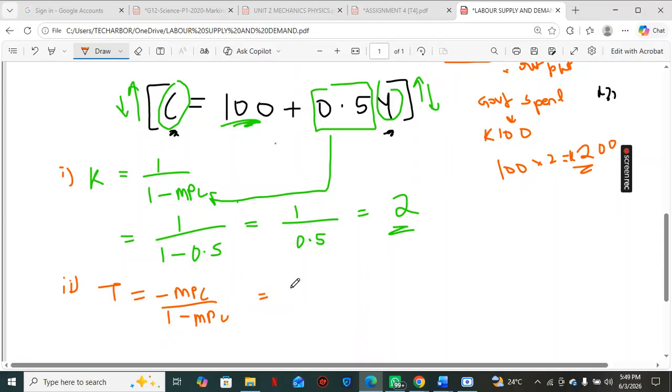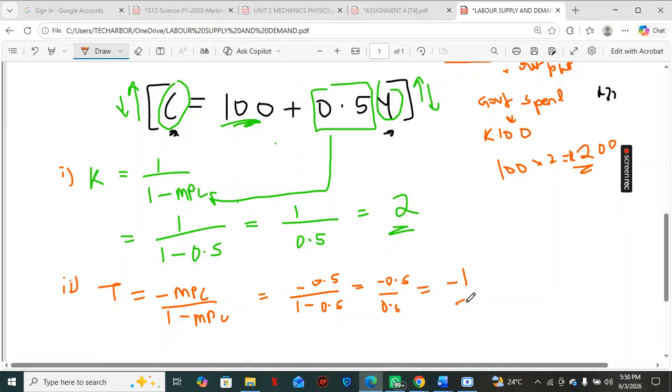So you say negative 0.5 over 1 minus 0.5, so negative 0.5 over 0.5 will give us negative 1.